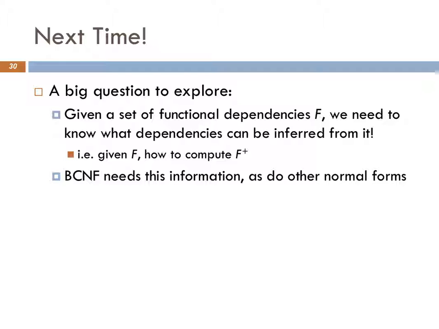But here's the question that we need to think about. We need to know how to compute the closure of a set of functional dependencies. We can easily state functional dependencies. Loan ID functionally determines amount. Maybe we can say loan ID functionally determines branch name as well. Account ID functionally determines balance. Account ID functionally determines branch name.